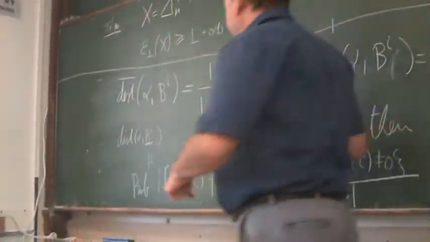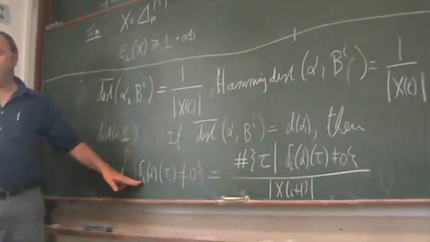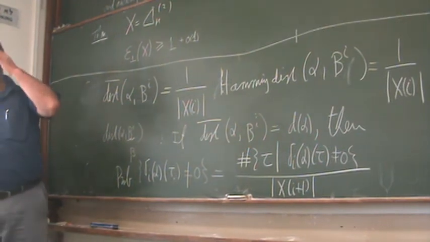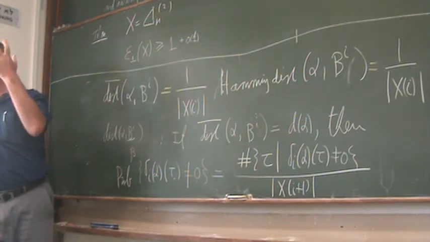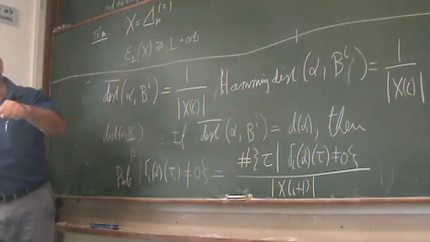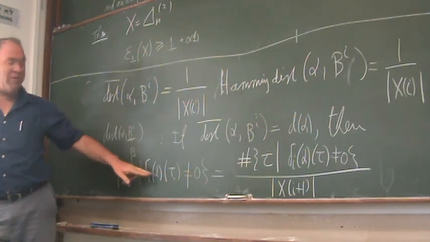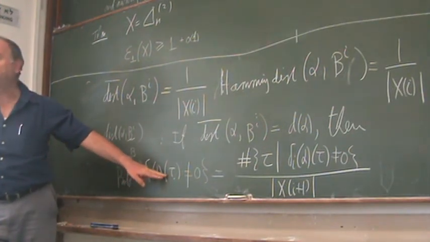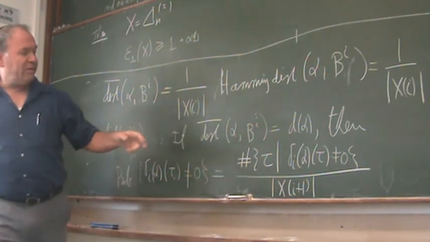So again, what is the probability that my test will fail? I have an alpha which is not a coboundary. What's the probability that I'm going to answer no? My algorithm is we take alpha, we compute delta I of alpha on a random cell tau. I know that delta I of alpha is not 0, so there are some taus for which it fails. Those are exactly these tau.